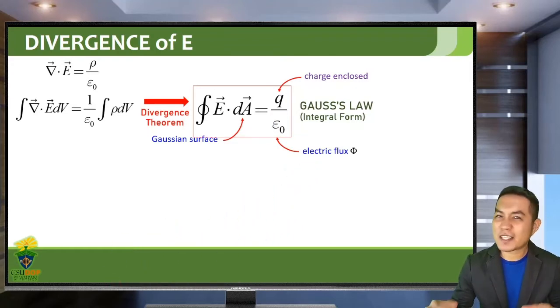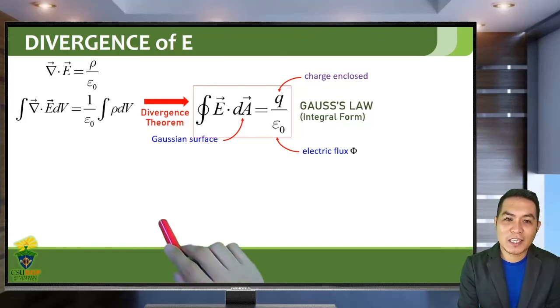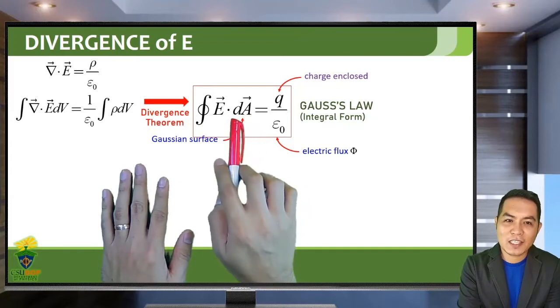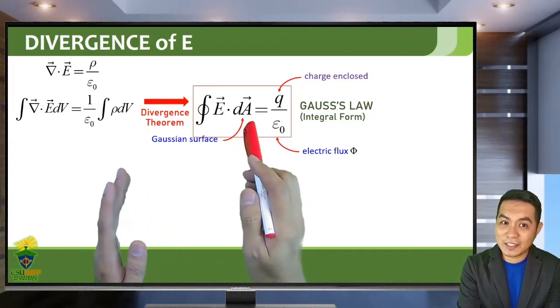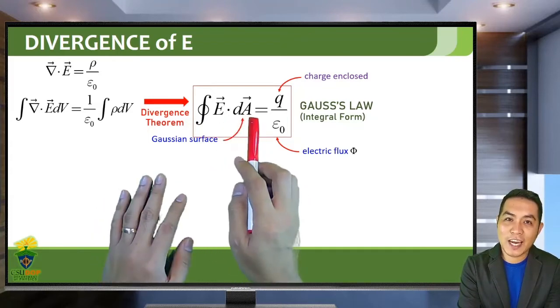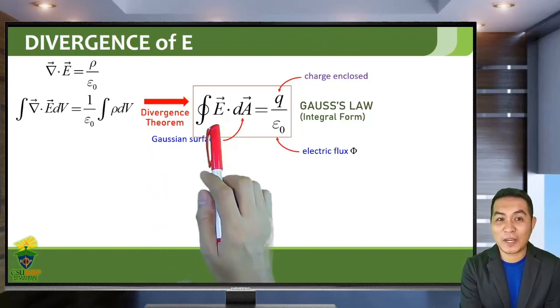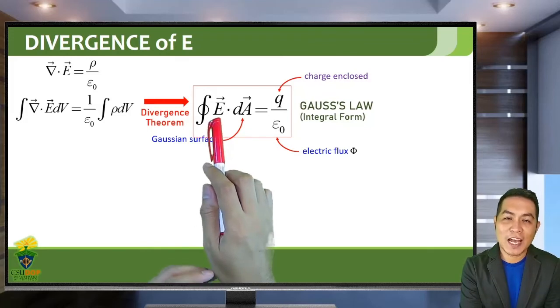flux. So flux is another word for flow. So you can think of this integral E dot dA as the amount of electric field that flows through a certain area A. But I have to take the word flow in quotation because the electric field is actually not flowing in this case, because this is an electrostatic field.